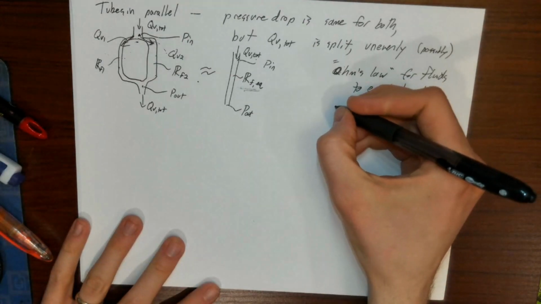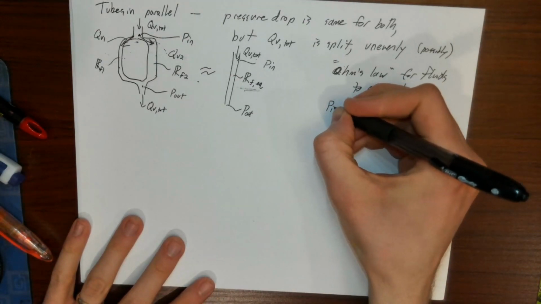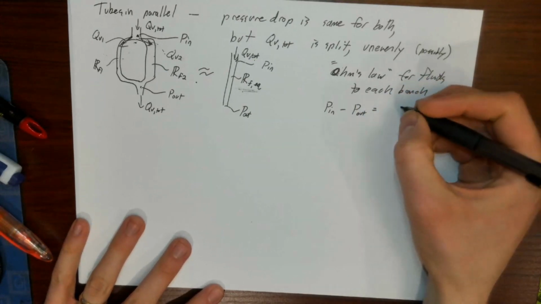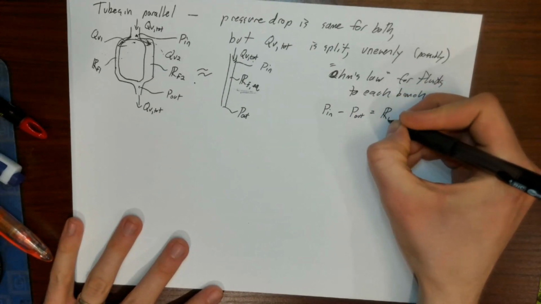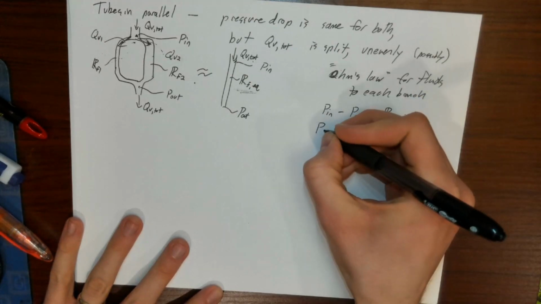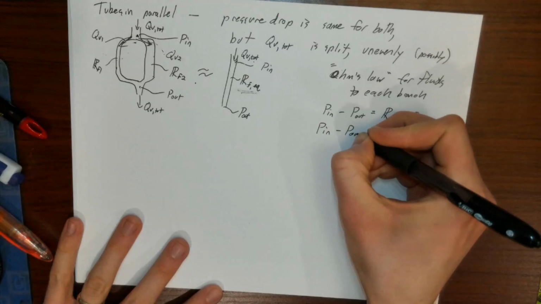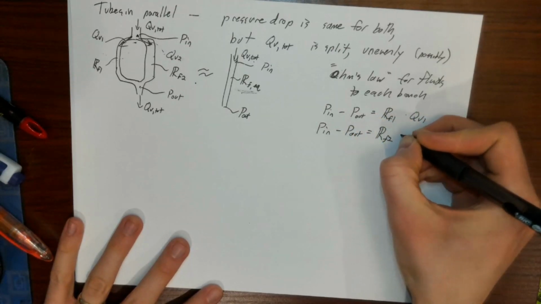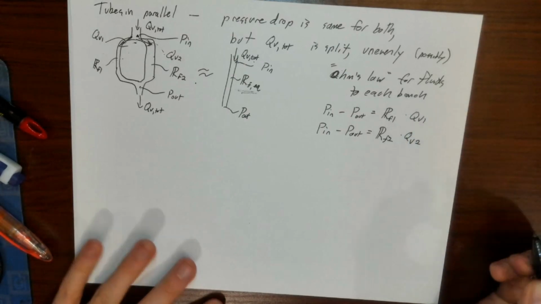That would say P in minus P out is equal to the fluidic resistance for number 1 times its volumetric flow rate. And P in minus P out for branch 2 is equal to its fluidic resistance times that branch's volumetric flow rate.